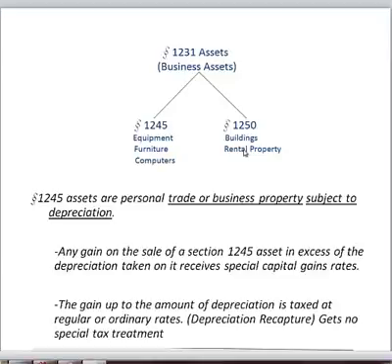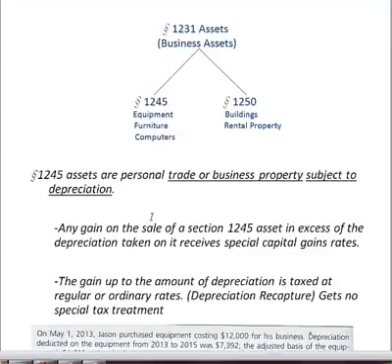So let's look at the Section 1245 gains first. Section 1245 assets are personal trade or business property subject to depreciation, like we have up here, equipment, furniture, and fixtures.